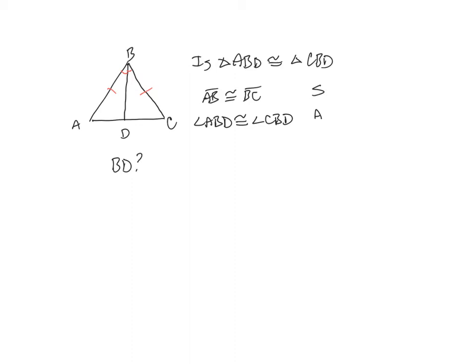Okay, and this idea is going to come up a lot. If I separate the two triangles out and draw them as two separate triangles, in the picture those are congruent, and those are congruent.